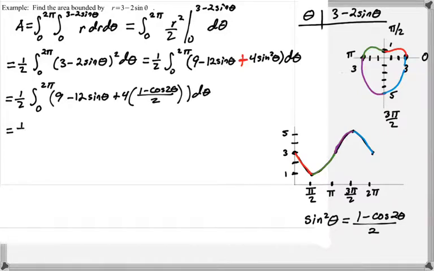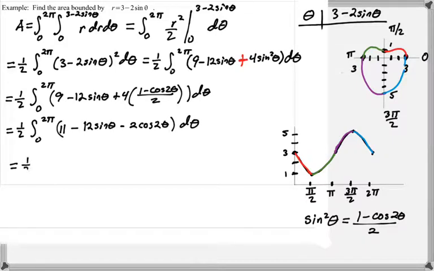So it's going to be 1/2 integral from 0 to 2 pi of 11. The 11 came from the 9, and then we have 1/2 times 4, which is 2. So 9 plus 2 is our 11. Minus 12 sine of theta, and then minus 2 cosine of 2 theta, d theta.